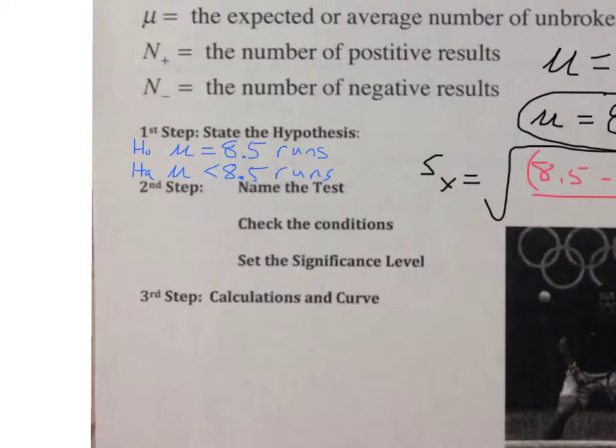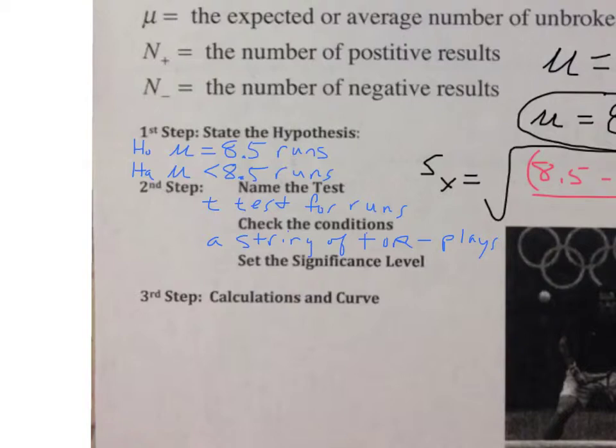All right, so name the test. Well, the name of the test is a t-test for runs. The conditions are very simple. There are no conditions that are needed. It just has to be a string of positive or negative plays written in order of which they happened. So there's no set number that you need.